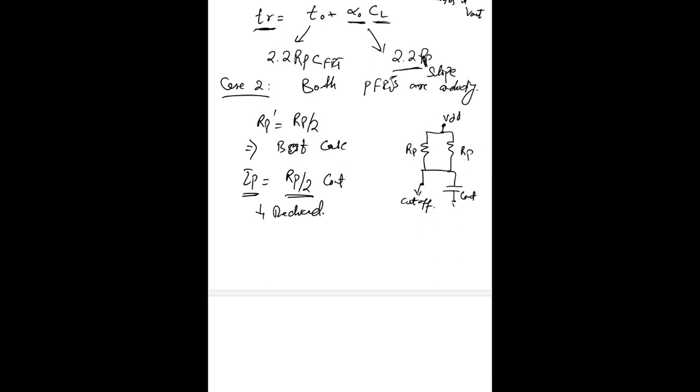If this tau p is reduced, we can also say that this expression, 2.2 tau p, is also reduced. This means that if we have two MOSFETs connected in parallel, we will get a faster rise time. A reduced rise time means our signal will rise earlier. So that is the best case value.